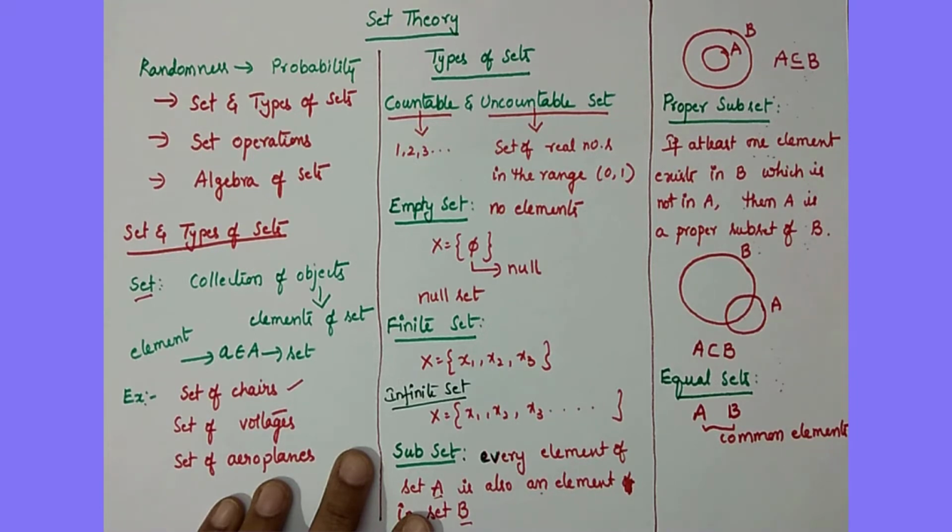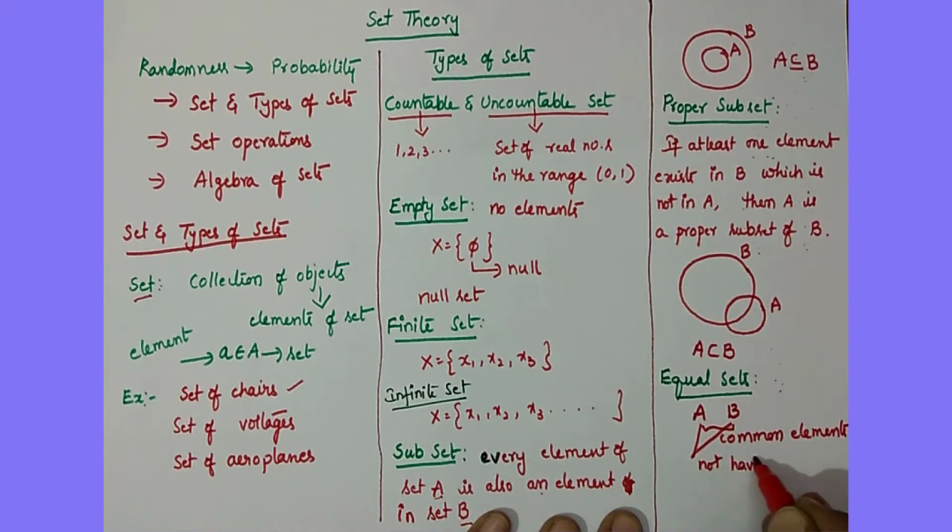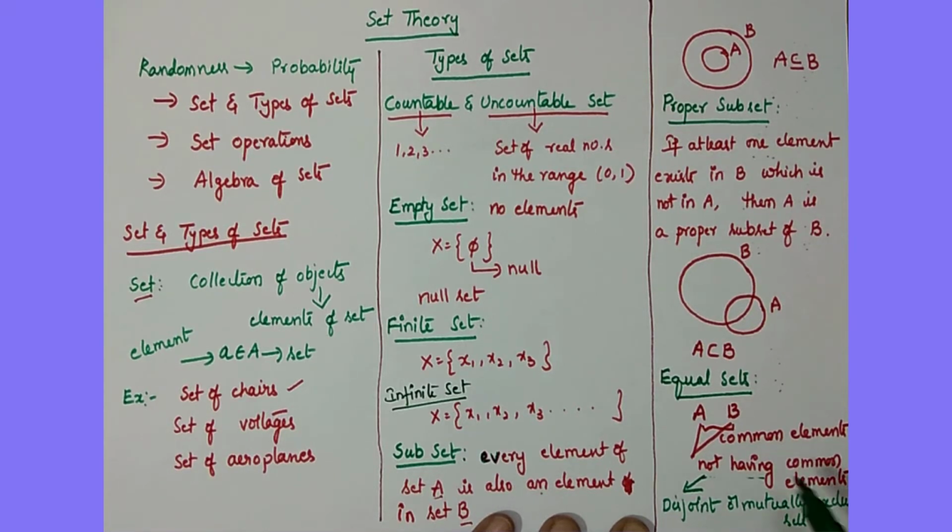Okay, then suppose if these A and B are not having common elements, then those two sets are called disjoint or mutually exclusive sets. If the two are having common elements, they are called equal sets. If the two are not having common elements, then the sets are called mutually exclusive sets.